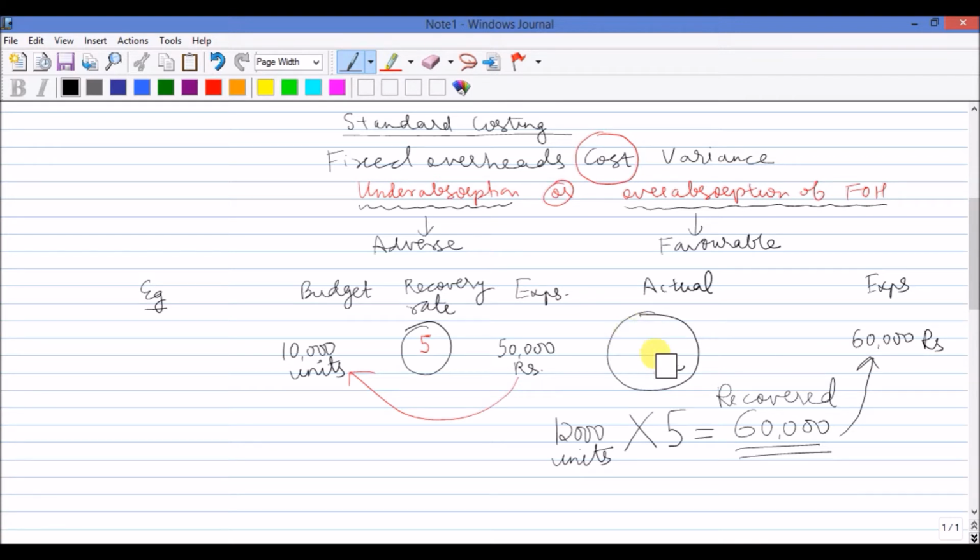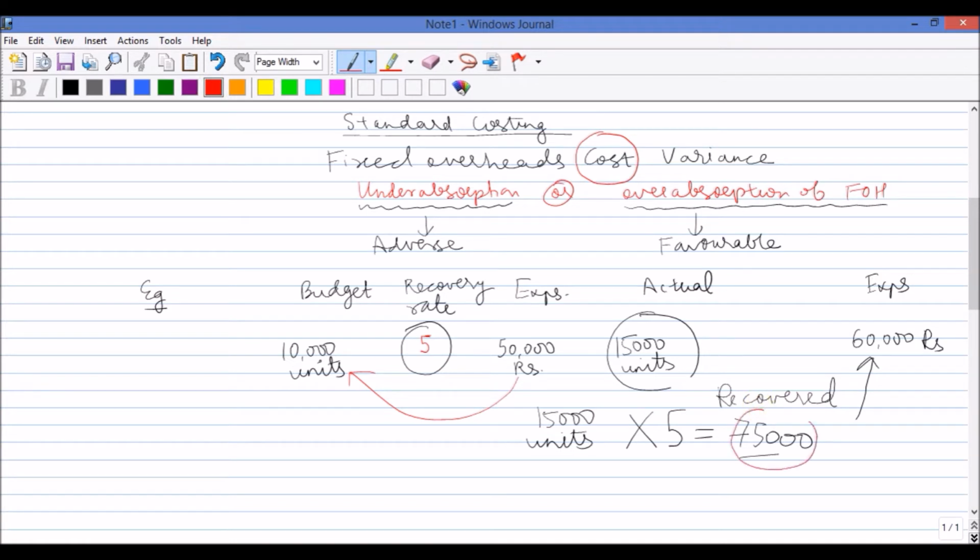Say I will make these units as 15,000 units. So now let's see it. In actual I have sold 15,000 units. My recovery rate is 5. So 15,000 into 5 is going to give me 75,000 rupees. Now friends, compare.